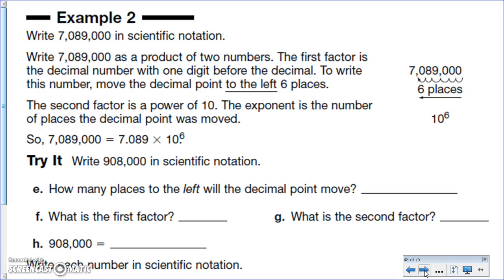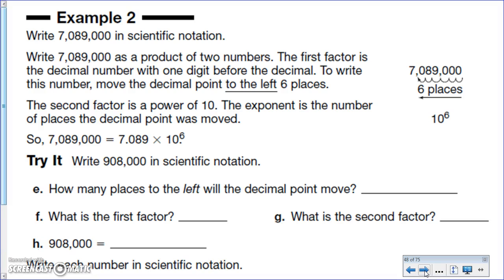The second factor is a power of 10. The exponent is the number of places the decimal point was moved. So it becomes 7.089, because you have to have all the numbers until it's just zeros left, times 10 to the 6. And that 6 tells us the decimal moved 6 places.